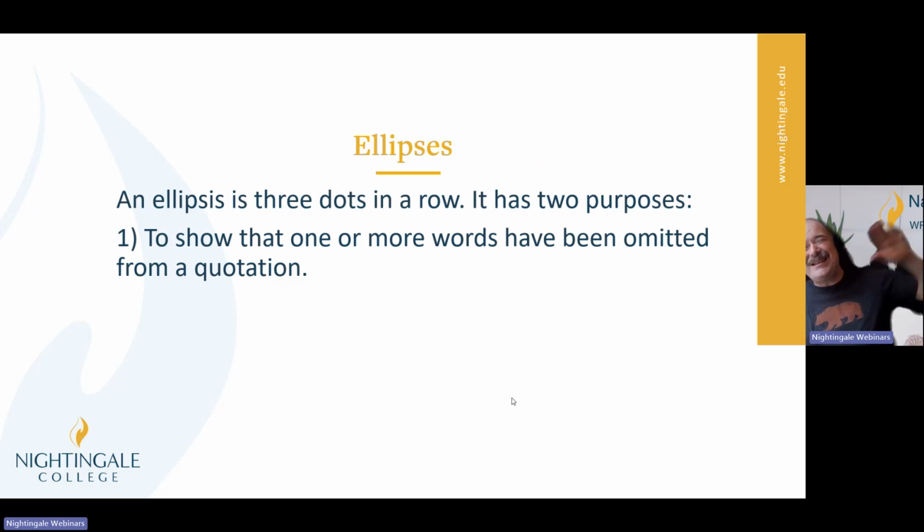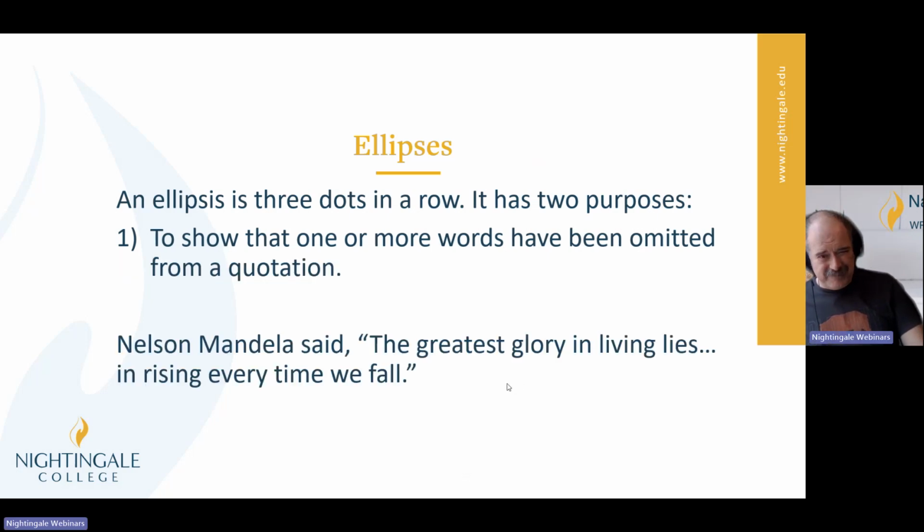And this is huge in academic writing because there are times when you just want to get to the heart of a quotation and you don't want it dominating your paper. So you can use the ellipsis to drop out words judiciously, and I'll explain why judiciously in a moment.